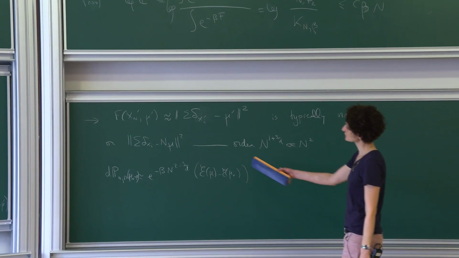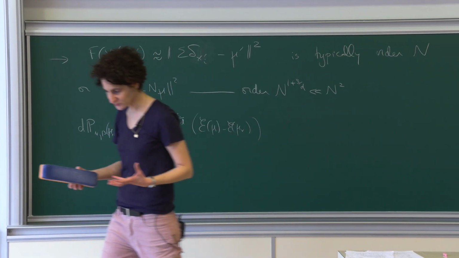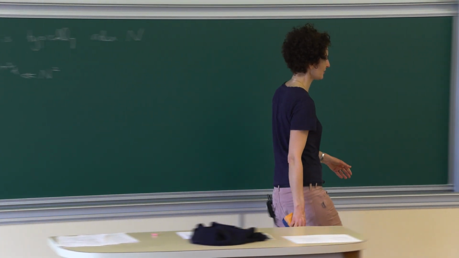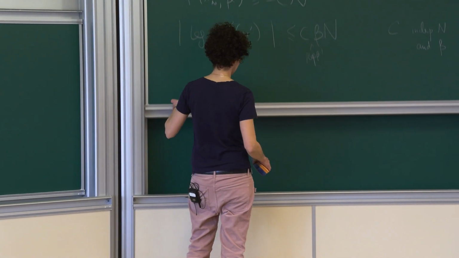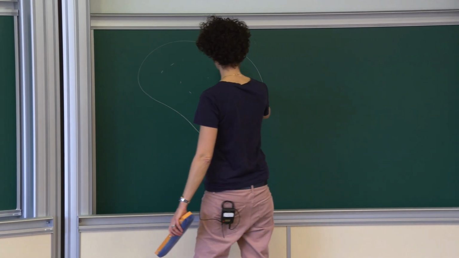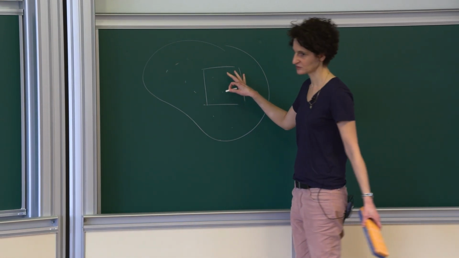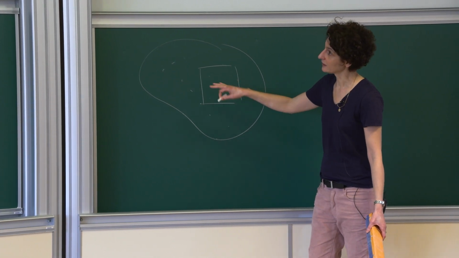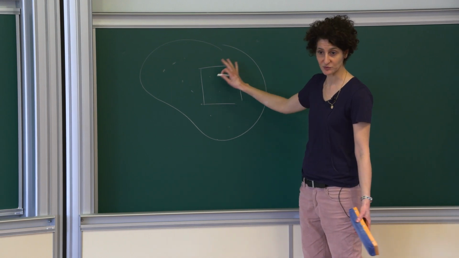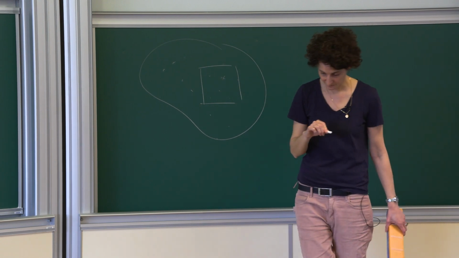So controlling this f controls some sort of norm. It controls some discrepancy about the points. So when you have your system in now this very large box, if you want to take a sub box and ask how many points can fall in that box, f is able to control a little bit of this discrepancy, the difference between the number of points that fall in the box and the integral of mu in the box.